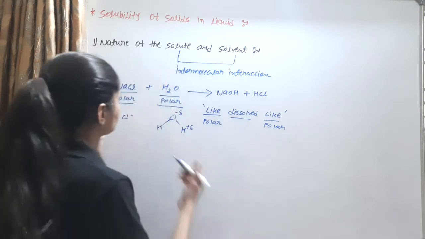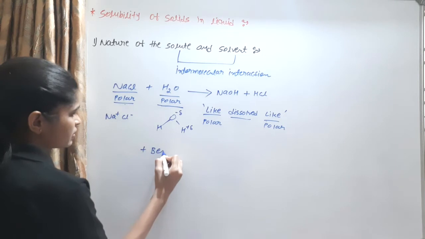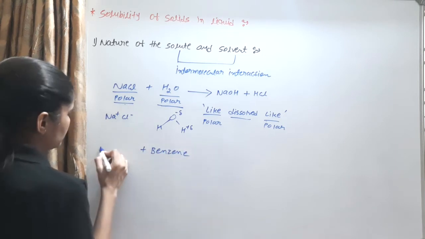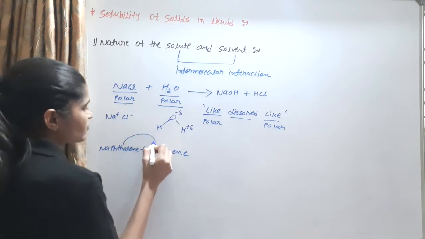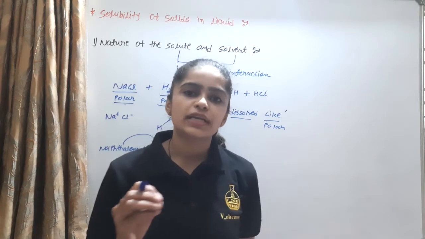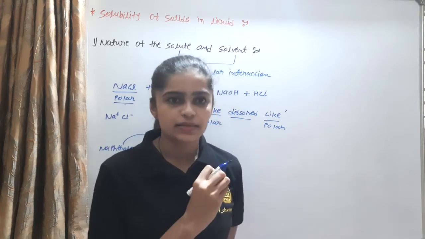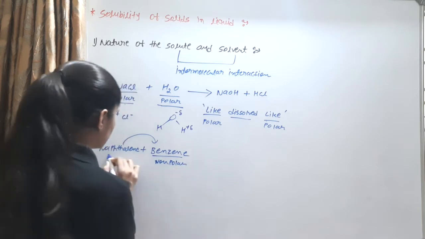In the same way, consider benzene and naphthalene. When naphthalene is added to benzene, we know that most organic compounds have a non-polar nature. So benzene is non-polar and naphthalene is non-polar.